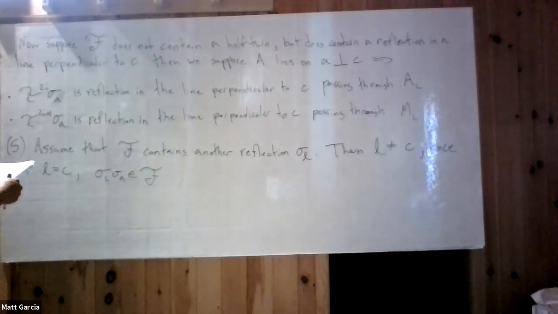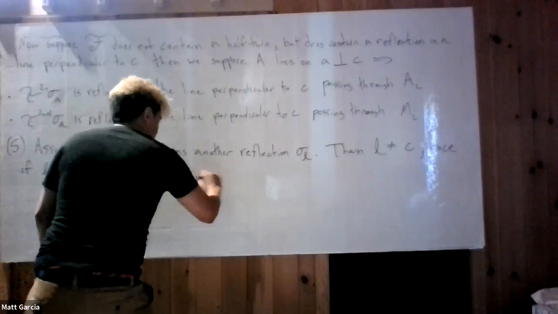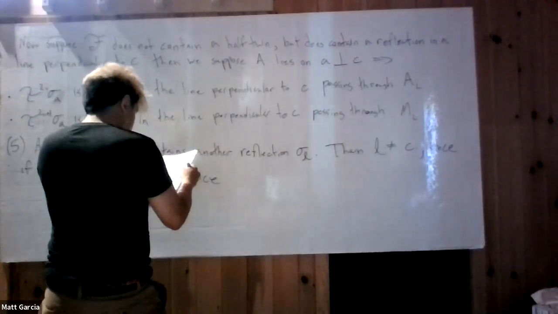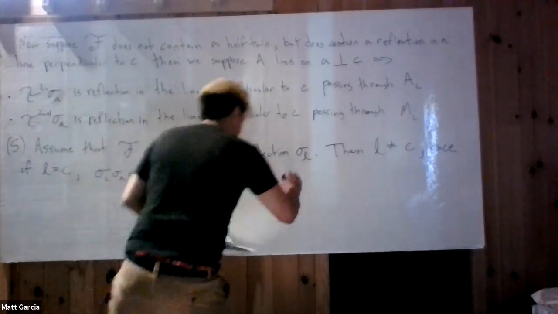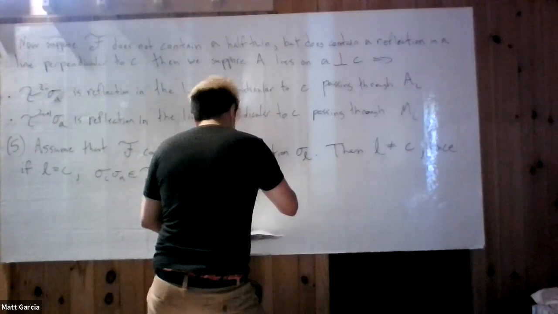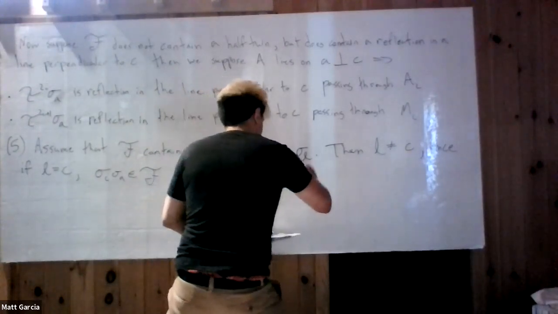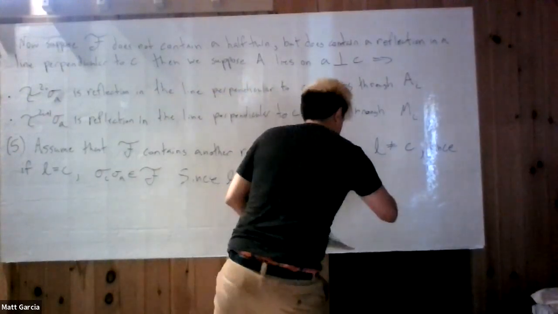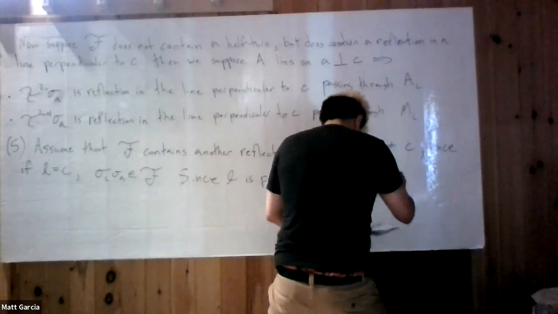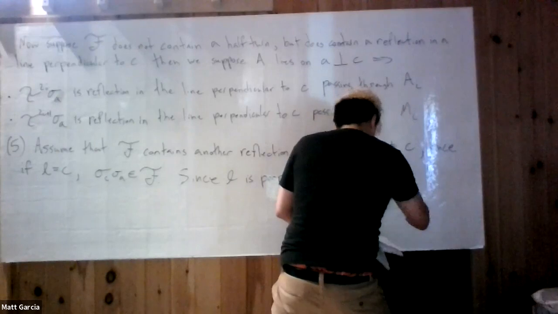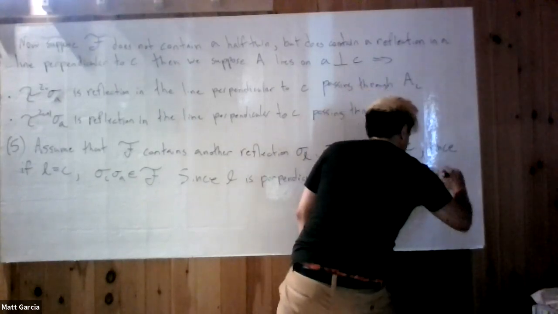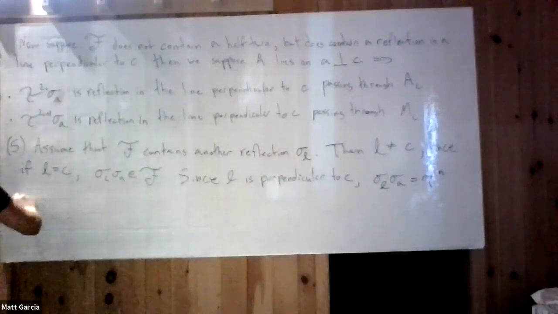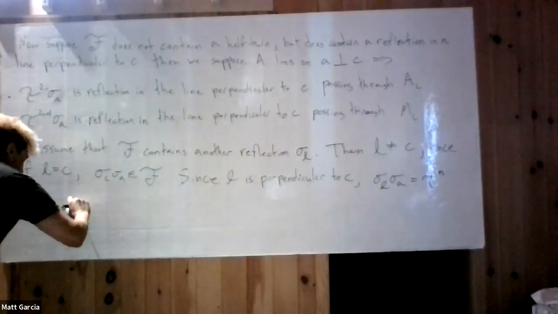This implies, since L is perpendicular to C, we know that sigma L, sigma a equals tau to the n for some n, right?